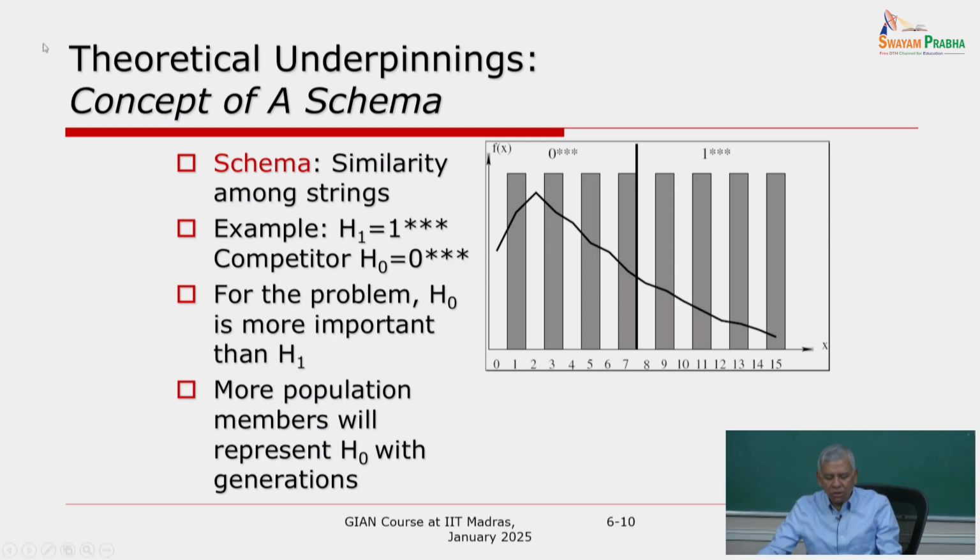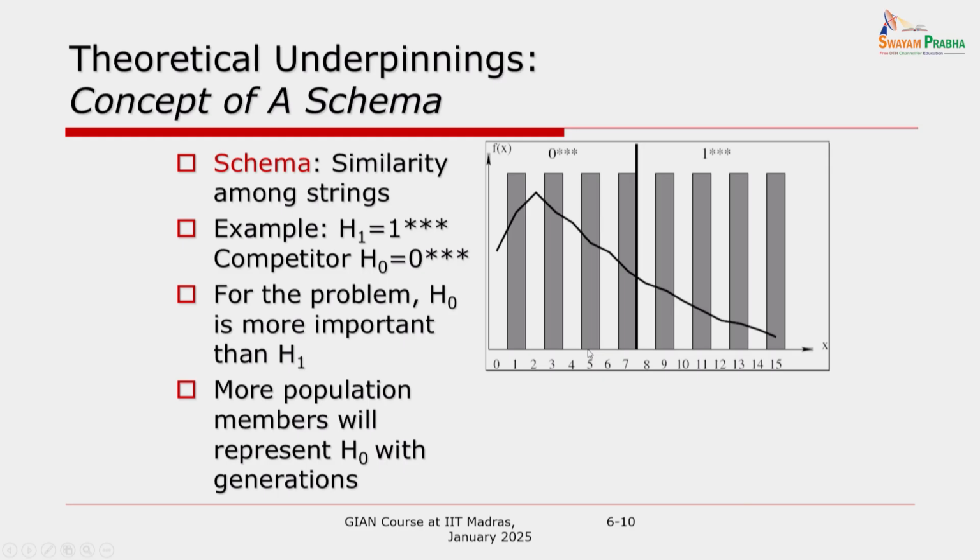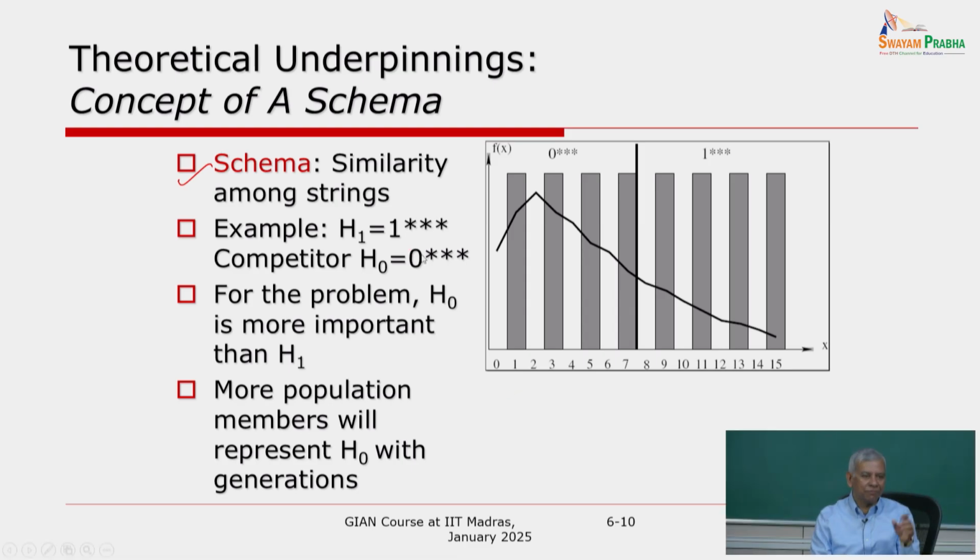So Holland thought that why these methods work with the binary coded GA is this concept of schema. So what is a schema? A schema, as you see here, is a similarity template, okay? Let's say I have 4 bits with me. I have coded a variable in 4 bits. With 4 bits, every place you can have 0 or 1.